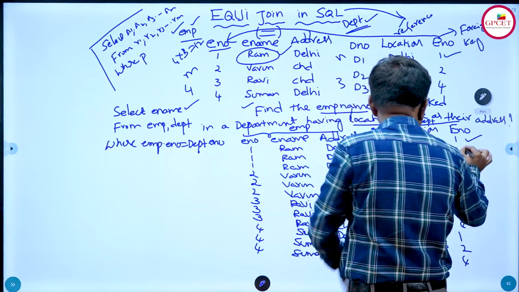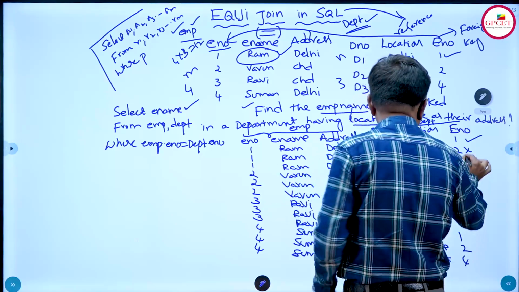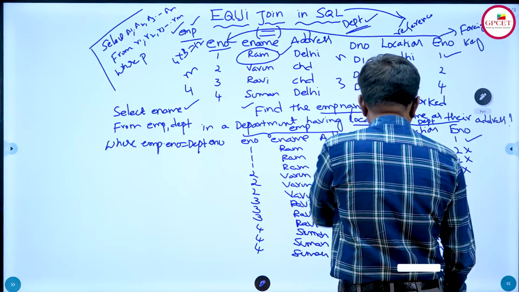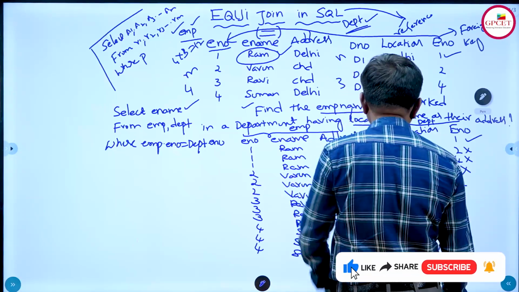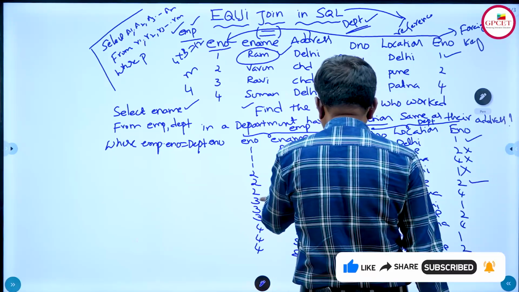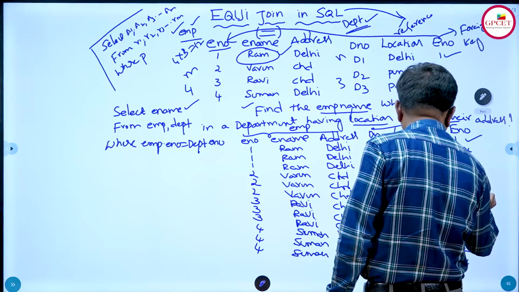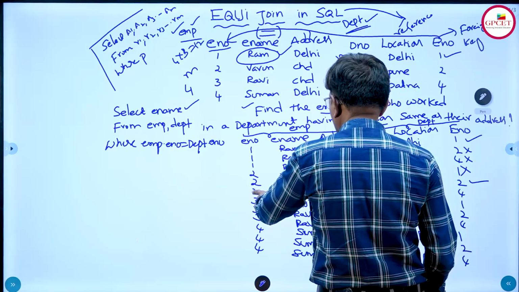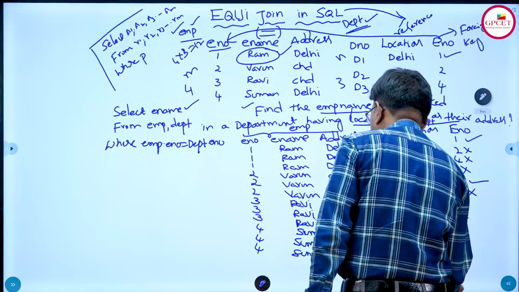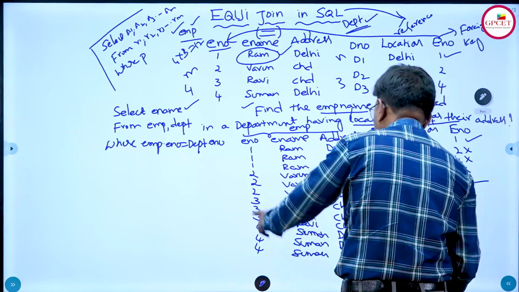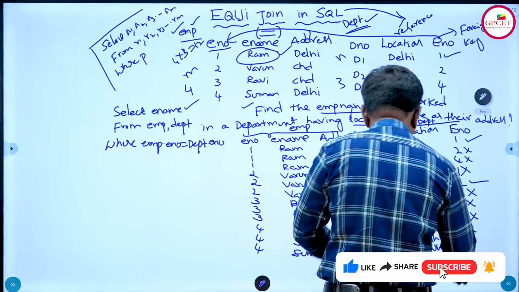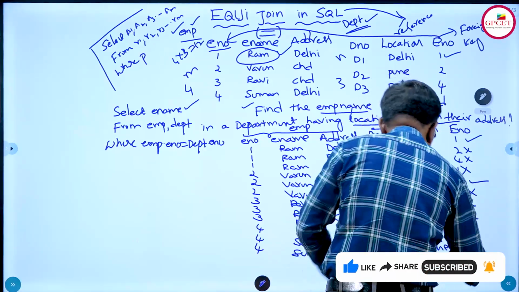Right, 1 2 is not equal. I mean 1 4 is not equal. And then 2 1 is not equal. Here 2 Varun Chandigarh, 2 Pune, okay, right, equal. And then 3, not equal. 3 1 is not equal, 3 2 is not equal, 3 4 is not equal. 4 1 is not equal, 4 2 is not equal.